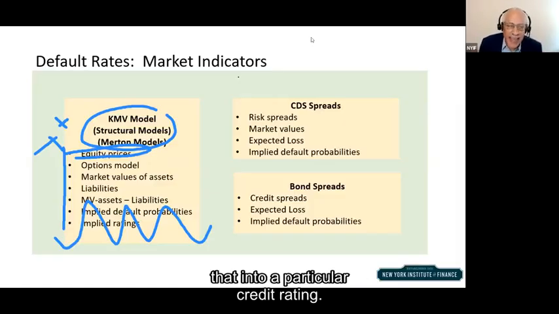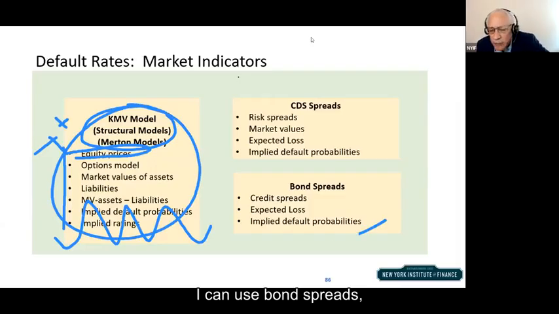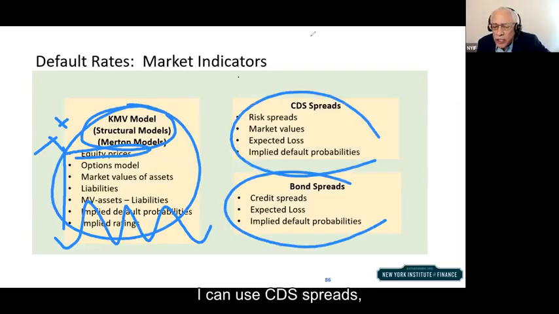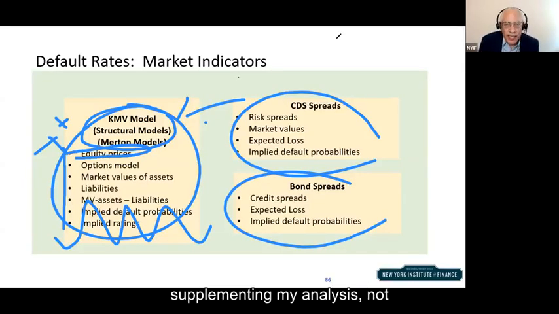And I'll map that into a particular credit rating. So that's the KMV type of model. So I can use bond spreads, I can use CDS spreads, and then I can adapt to the KMV model. And again, supplementing my analysis, not substituting for my analysis.